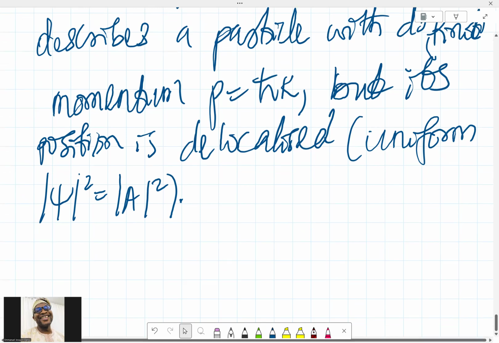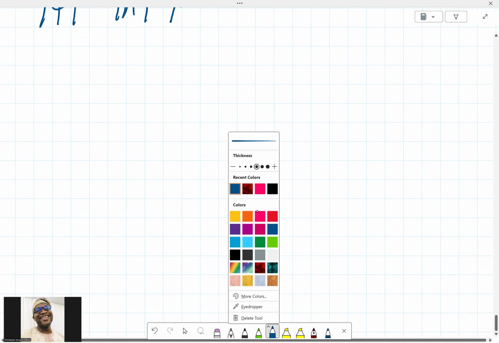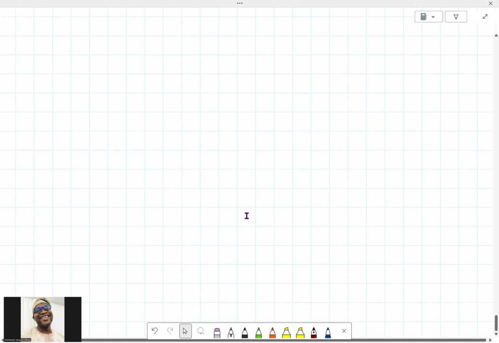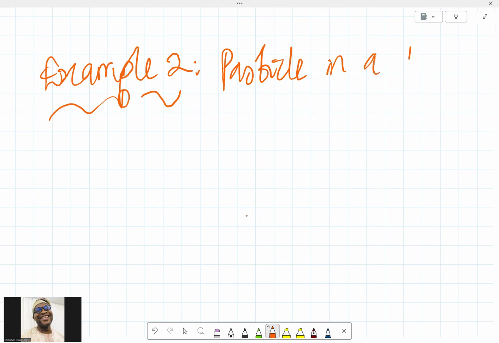Okay, so let's take another one. Example 2. So let's talk about a particle in a one-dimensional infinite square well.